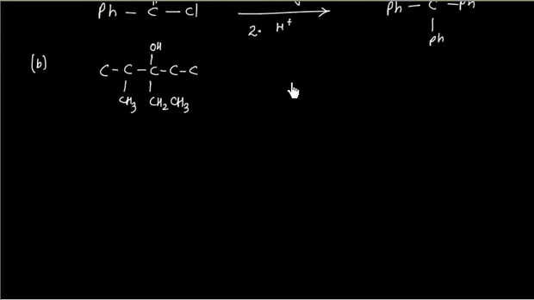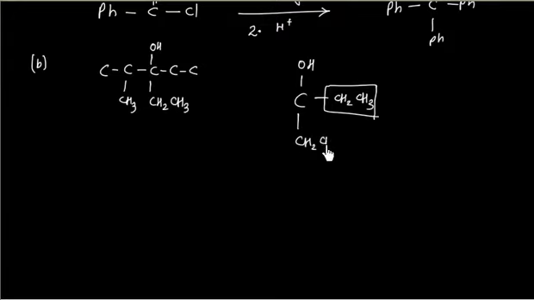If you see, this is a 3-degree alcohol containing two groups that are similar. So we have a CH2CH3 group. We also have here a CH2CH3 group. So these two groups are identical. Now on this side we have a different group, that is CH, CH3, CH3.